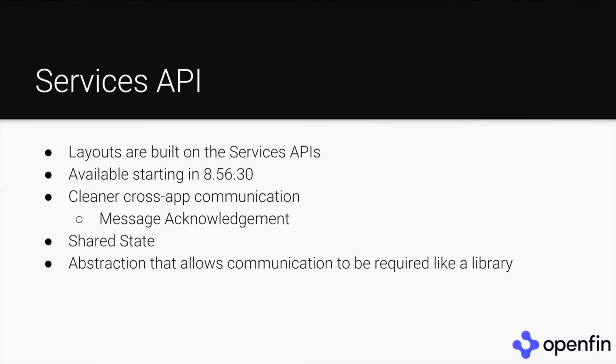This adds a number of improvements and allows you to do much cleaner RPC between apps. You have message acknowledgement, you have shared state, and you have a lot of abstractions that allow you to build much easier to maintain, more functional APIs. So we encourage all of you to look at those APIs as well.